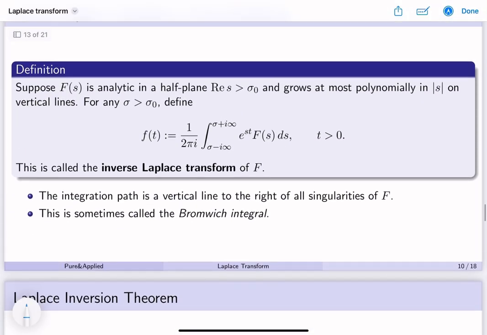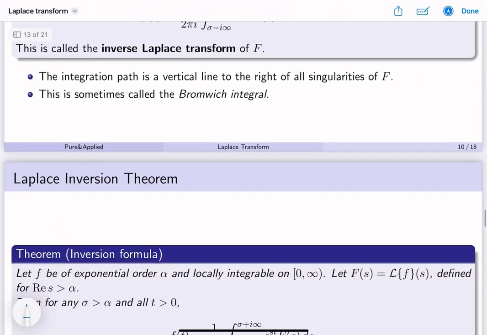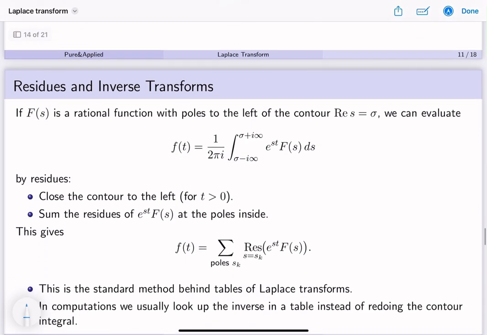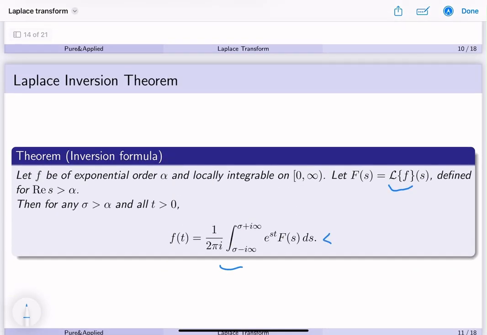Some other things I wanted to discuss with you are the inverse Laplace transform, how to invert this thing. In other words, if you know the Laplace transform of some function, can we map back? The answer is yes, we can, but it's going to be a contour integral instead of a real integral. In fact, this is the way you can derive all of the Laplace transform tables that you see, connecting the Laplace transform and its inverse.